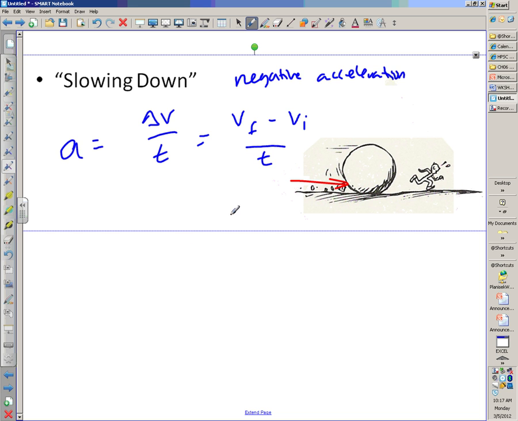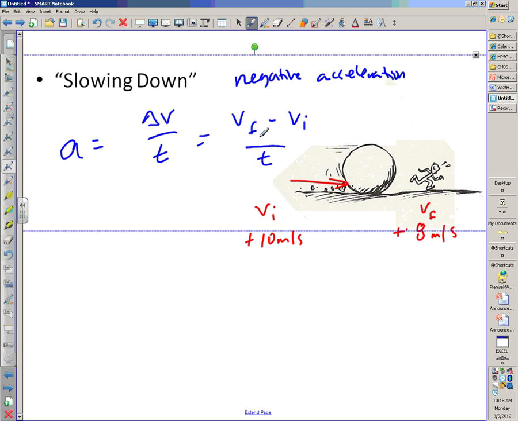So the initial velocity here, let's say, would be positive 10 meters per second. I just made that number up. Then over here, it has slowed down to 8 meters per second. But which way is it still going? It's still going positive. So when I plug these numbers into this formula, I have positive 8 minus positive 10, and I end up with a negative 2 then. Does that make sense?